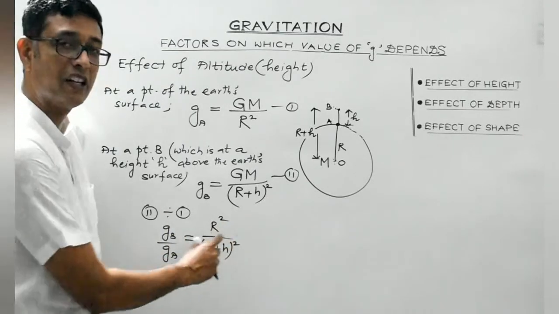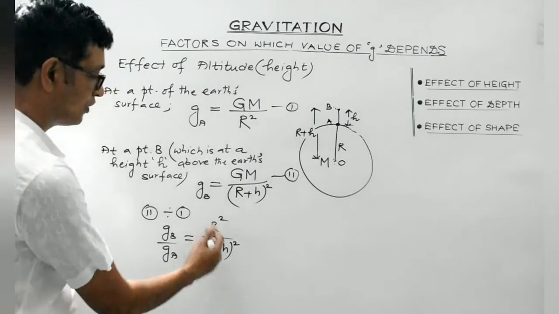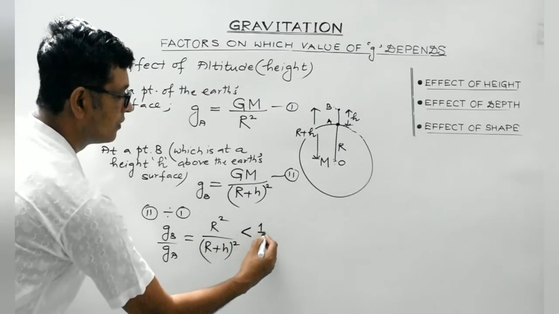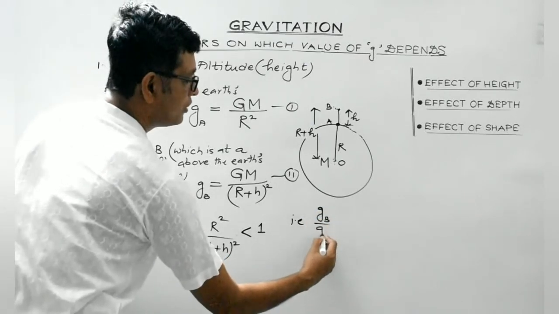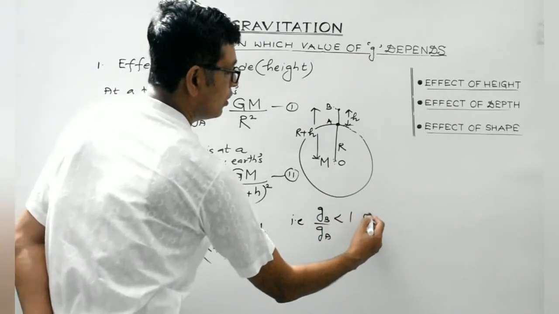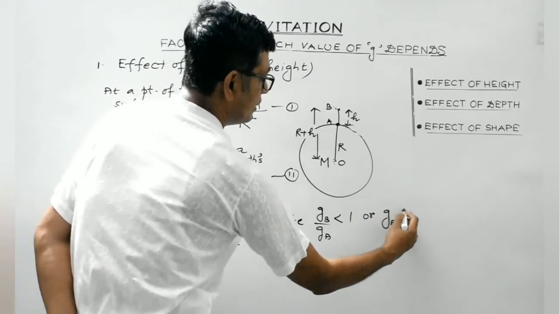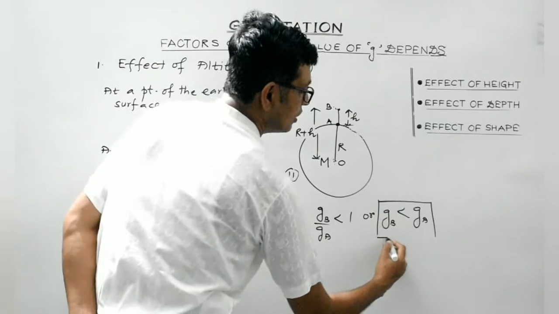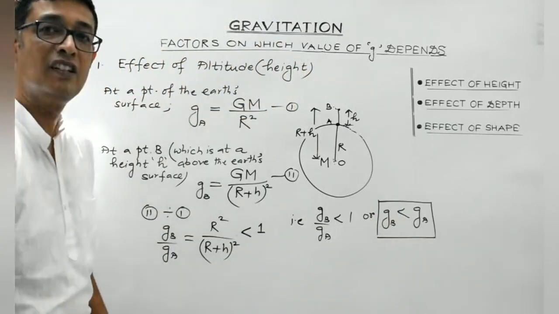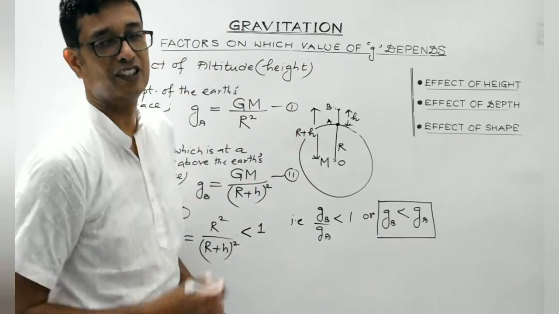Numerator is r square, denominator is r plus h whole square. So obviously it will be less than 1. That is, GB divided by GA is less than 1, or GB is less than GA. A is a point on the Earth's surface, B is a point at a height h above the Earth's surface.